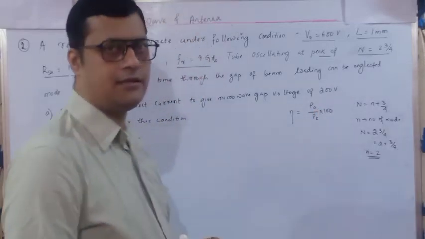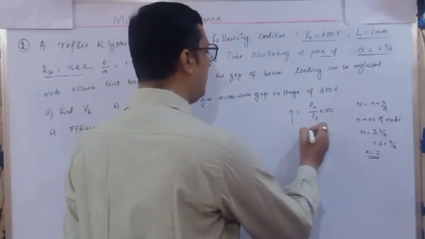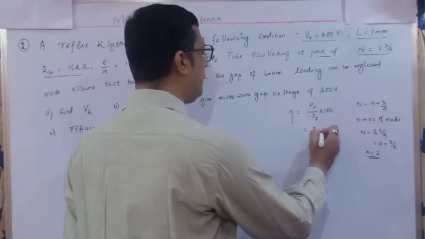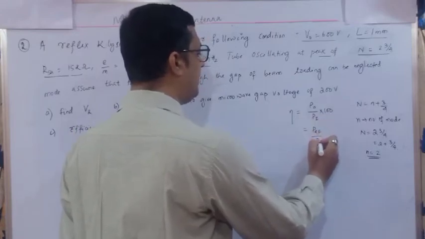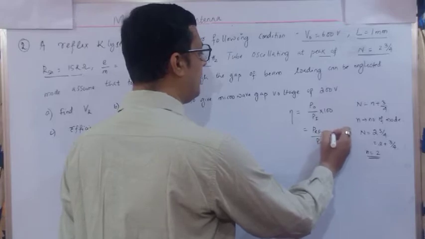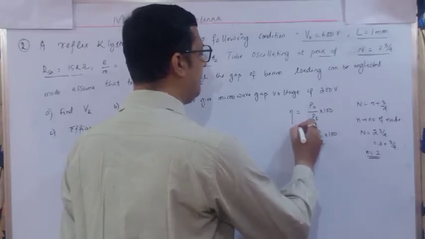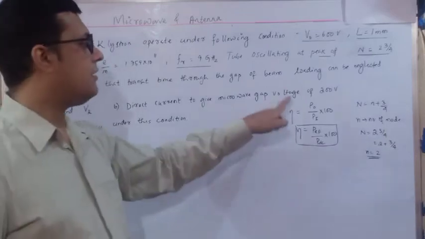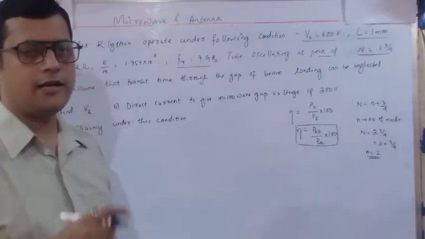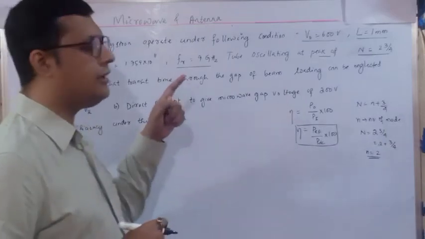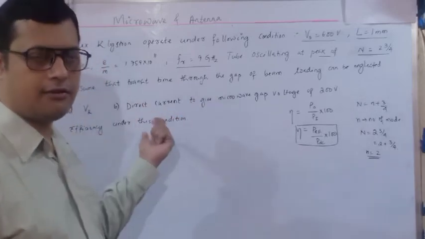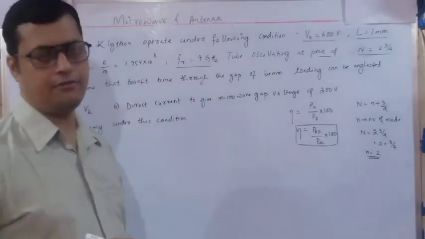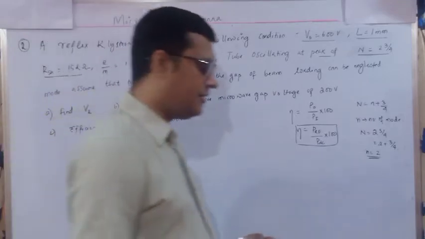Now in reflex klystron, what is the output power? Output power is PRF. What is the input power? It is PDC, into 100. So the calculations are quite simple as the previous one. So we have to calculate the repeller potential, the DC current, and the efficiency for this particular condition. So we'll start.